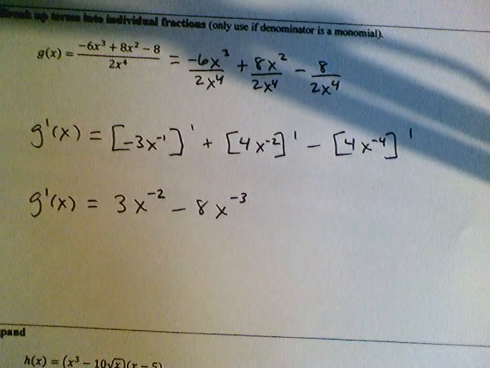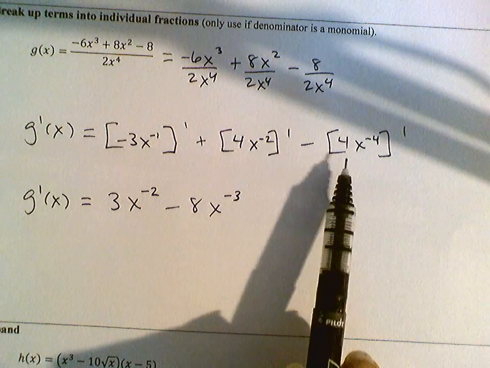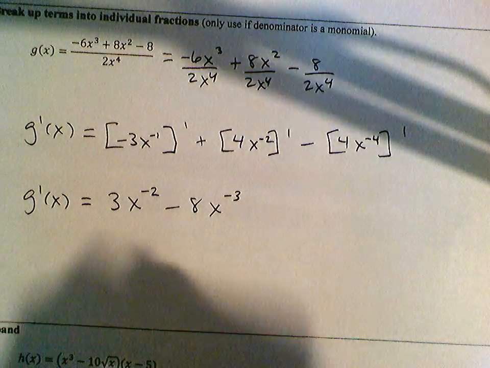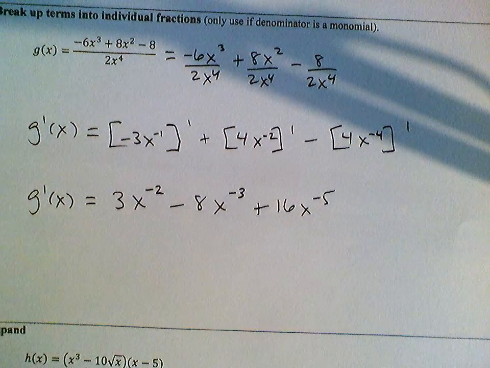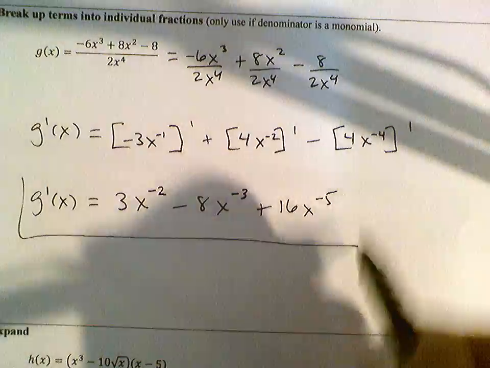I just subtracted 1 from the exponent. And then minus 4 times negative 4 is negative 16, so plus 16x to the negative 5. Okay, so there's that, guys.